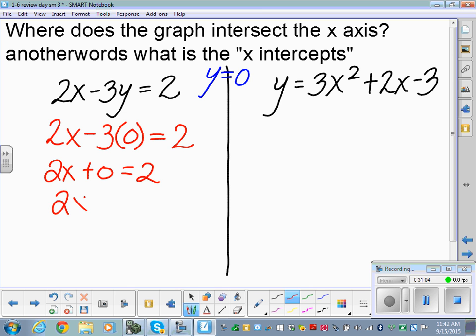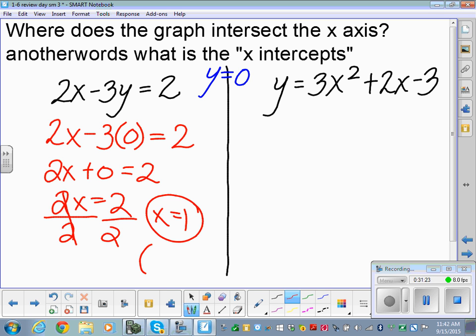So really we have 2x is equal to 2, and then solving for x, we'll divide both sides by 2. And so we get x is equal to 1. The x-intercept is where it crosses the x-axis, and it's at y is equal to 0. So if we had to write it as a point, we would do (1, 0). Our x was 1, our y was 0.